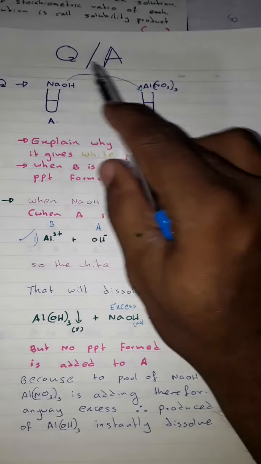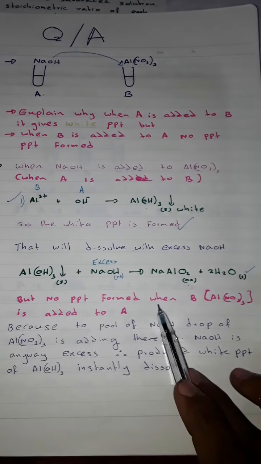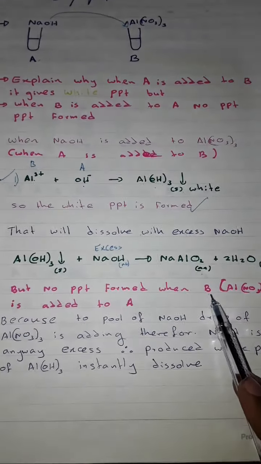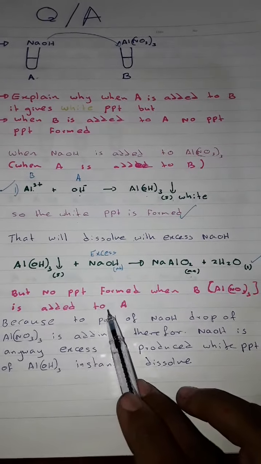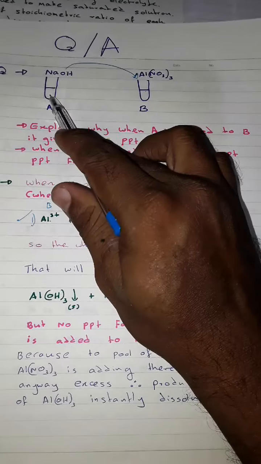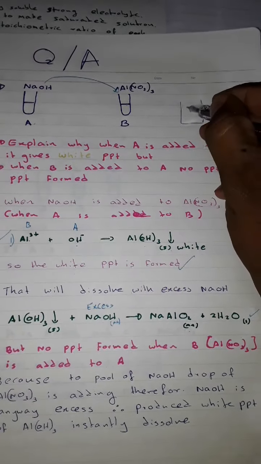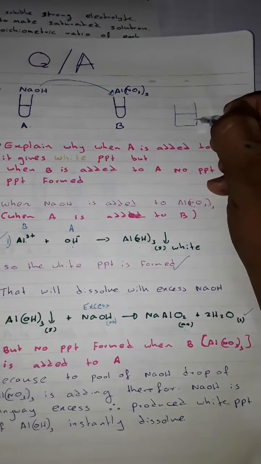But if B is added to A, that means no precipitate is formed when B, that means aluminium nitrate, is added to A. Look here, aluminium nitrate is added to sodium hydroxide. Now this is sodium hydroxide. Just imagine, this is sodium hydroxide.